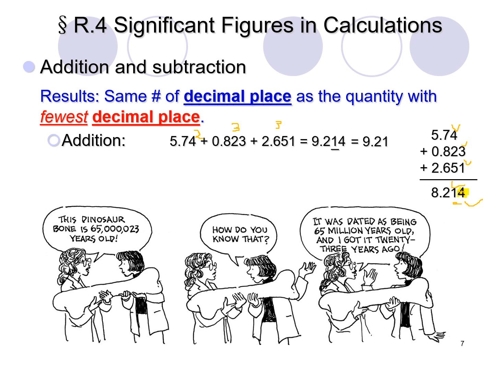So she added that 23 years on top of the 65 million years to make 65 million and 23 years. I hope you get it. The point is, how significant do you think that 23 years is compared to 65 million years? So this cartoon tells us that when we add two numbers together, we're looking for the fewer decimal places.